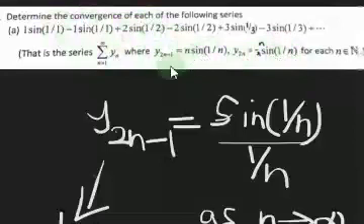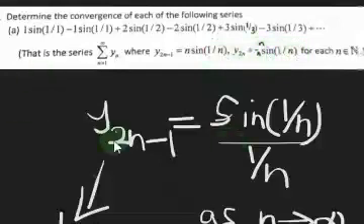So the odd term is n times sine of 1 over n, and the even term is negative n times sine of 1 over n.